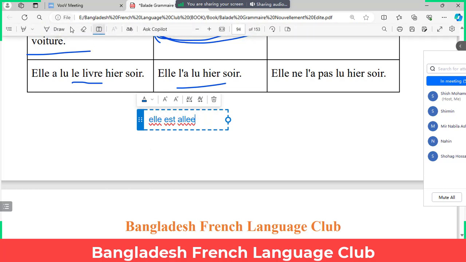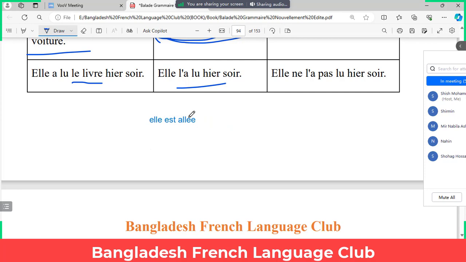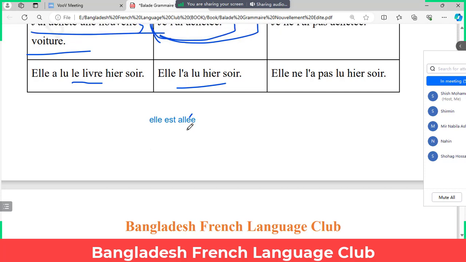Elle est allée. So when the movement verbs are conjugated in passé composé, the main verb must agree with the number and gender of the subject.